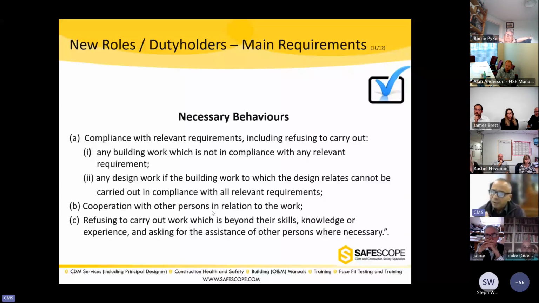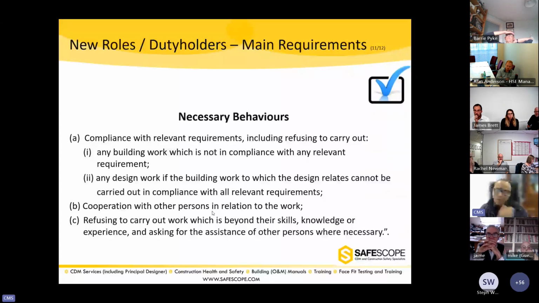And the behaviors also include cooperating with other people in relation to the work. Fine. Now that's where the third point, C, gets very difficult: refusing to carry out work which is beyond their skill, knowledge, or experience, and asking for the assistance of another person where necessary as well.